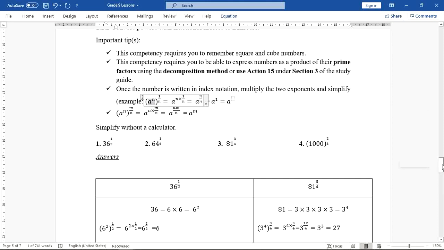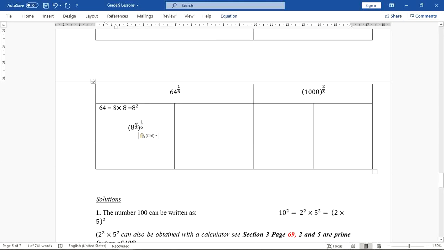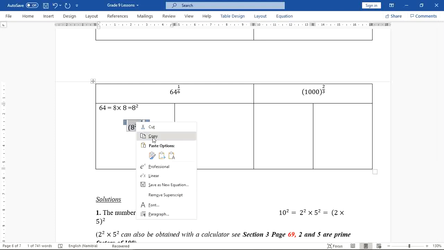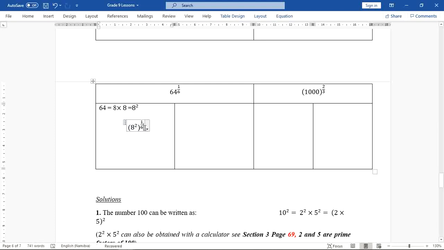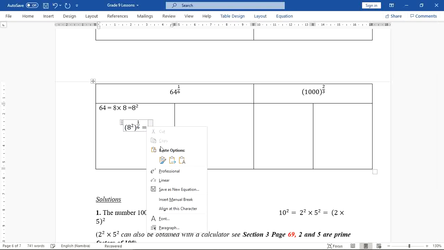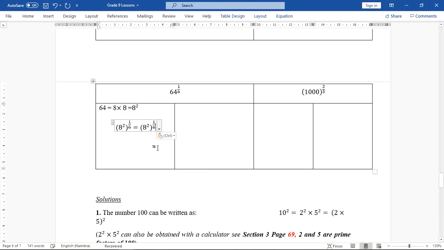So I will now multiply 2 times 1 over 6. Maybe I need to show that step. I copy, then I say this will be equal to, and I paste it here. It's multiplication.